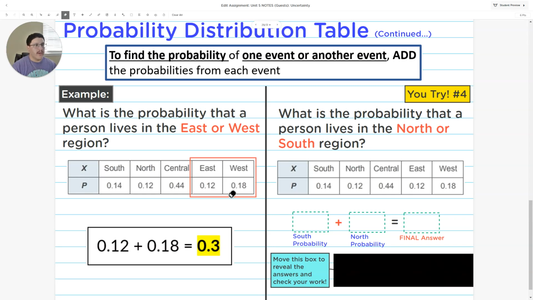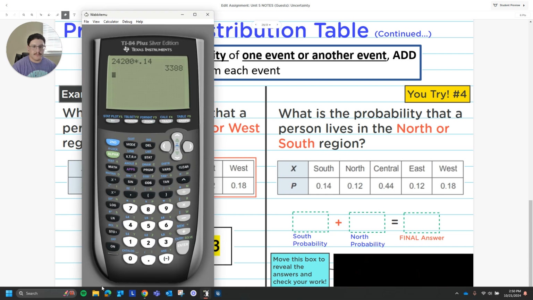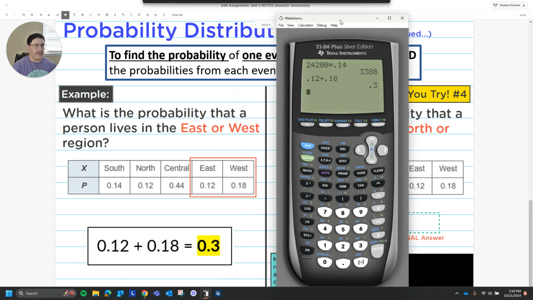So east and west region are highlighted here. 0.12 plus 0.18 gives me a total probability of them living in the east or west of 0.3. You just simply add those two together. That's it for this example.